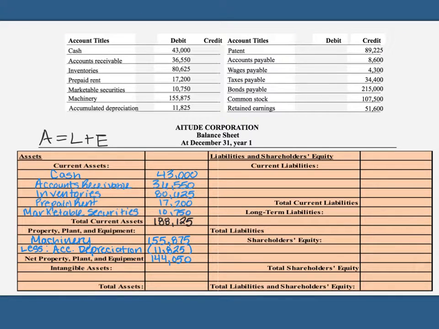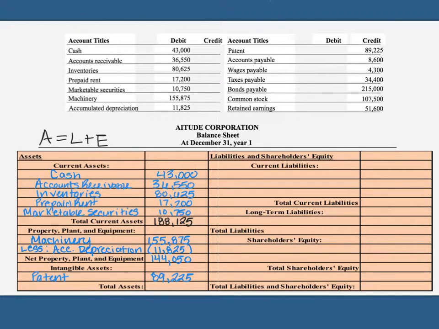Last, on the asset side, we have our intangible assets, and the only one we have for that is going to be a patent. You'll write in patent. It's going to be $89,225. So now we will add up our subcategories.